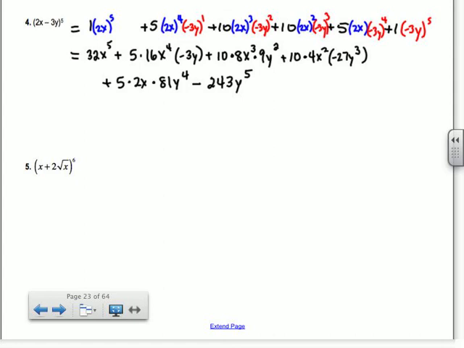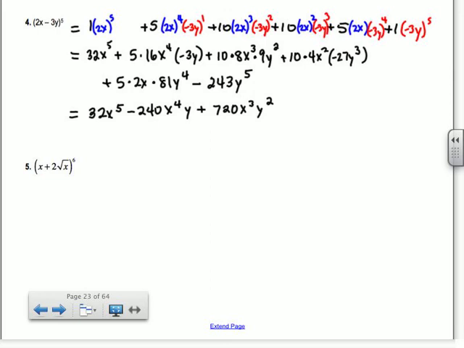Okay, so you get 32x to the fifth. Not done, are we? So you're going to have 5 times 16 times negative 3. So negative 240x to the fourth y. Plus 8 times 9 times 10, so that's 720x cubed y squared.